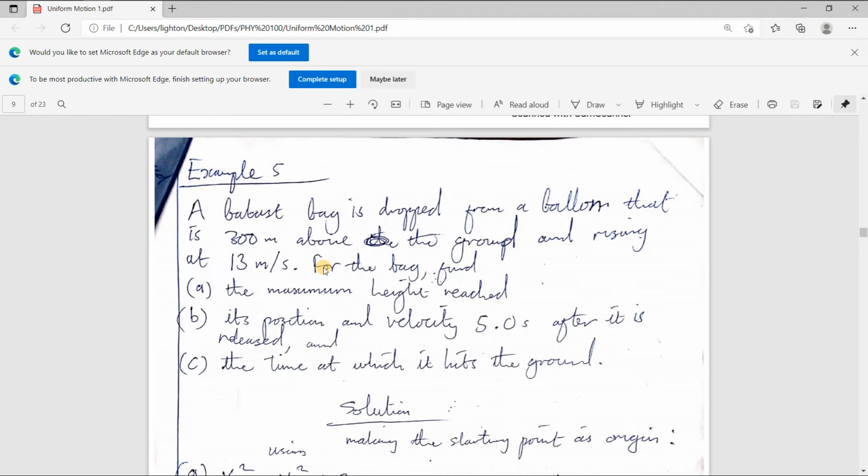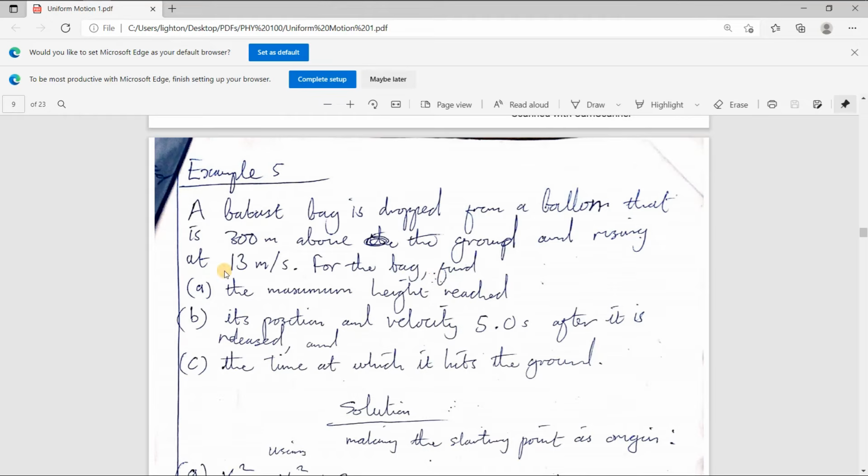You know those air balloons, so this is the balloon here, with a ballast bag. Someone in the balloon drops a ballast bag from this same balloon, which is 300 meters above the ground and rising at 13 meters per second.